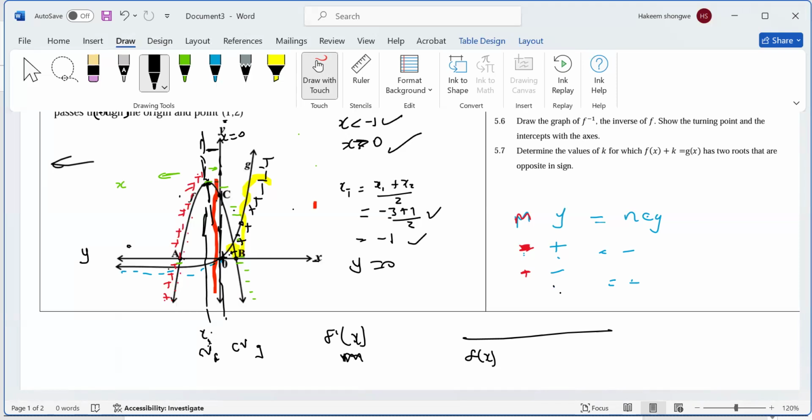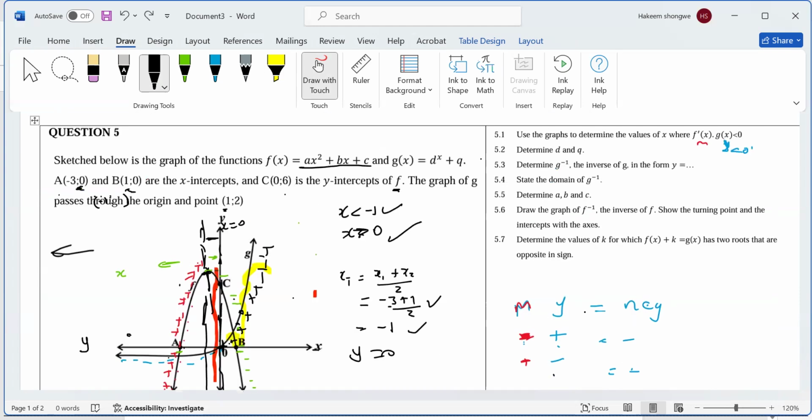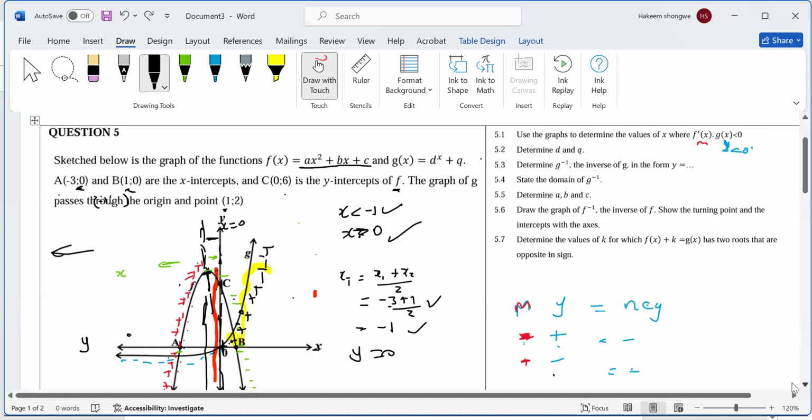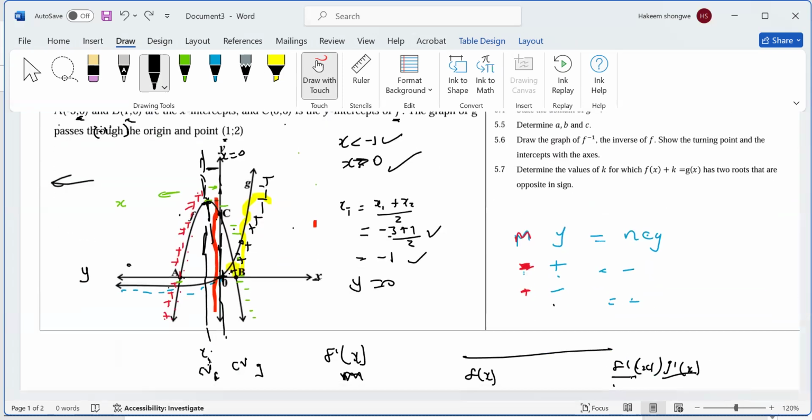But if we're looking for the gradient, it's simple. We check if the graph is increasing or decreasing. That's all. Let's say the question was f prime of x multiplied by g prime of x. Here I'm looking at a gradient and a gradient. So that's the question you should ask first: am I looking for the gradient or am I looking for the y value? And then how do you know whether the gradient is positive or negative?